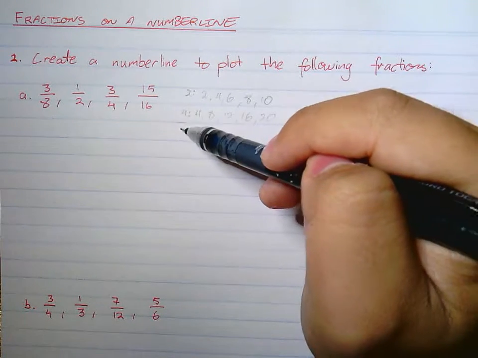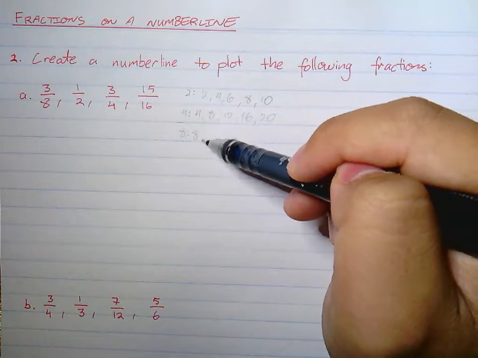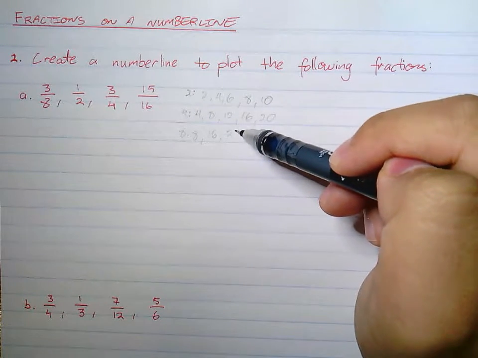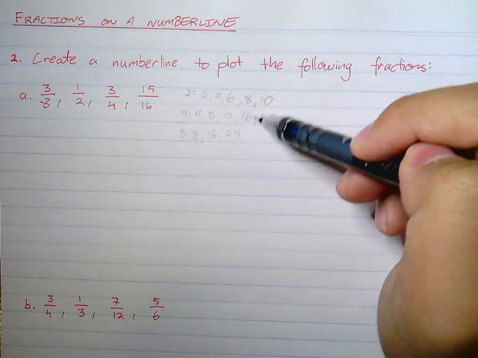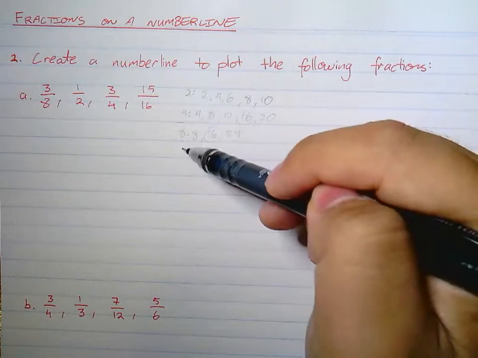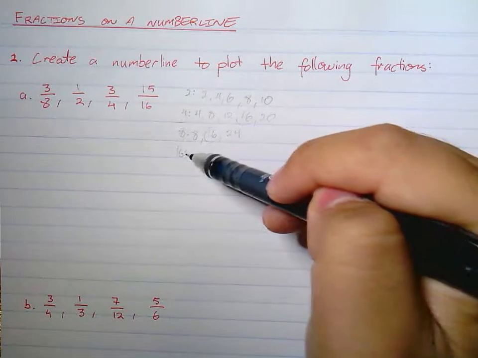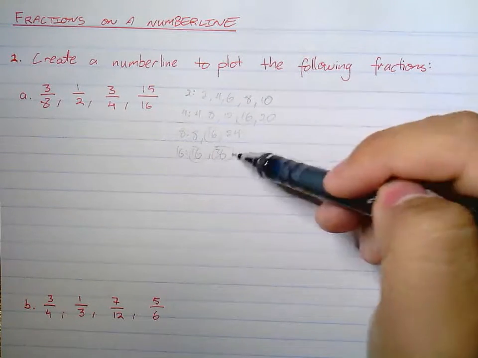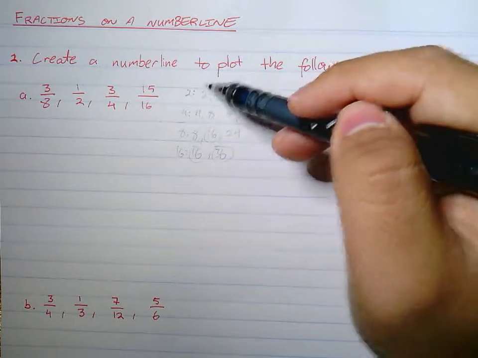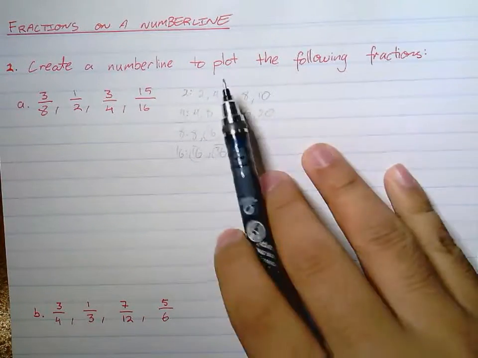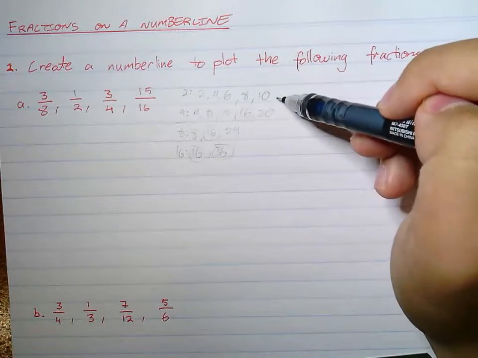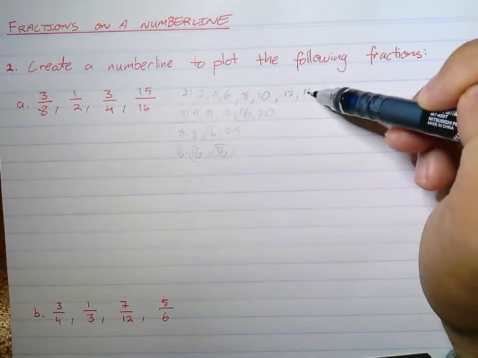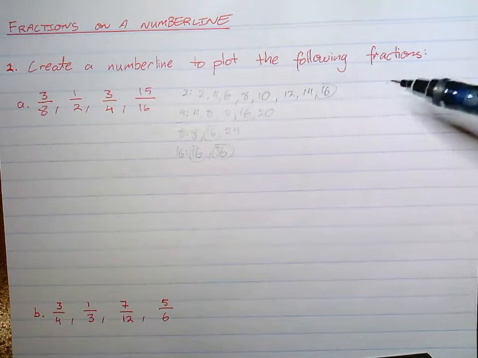Let's take a look at 8: 8, 16, 24. I'm already beginning to see a pattern here: 16, 16, and 16. I don't think we need to go any further than 16. Let's check with 2: 2, 4, 6, 8, 10, 12, 14, and 16.